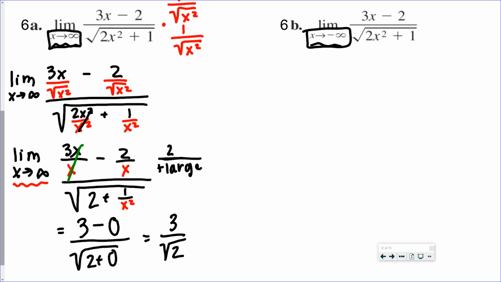So let's take a look at the exact same example, but now as x approaches negative infinity. I'm just going to copy over this step because we would do the exact same thing as here. We would divide by the largest power in the denominator, which is the square root of x squared. And we'd still get to here.